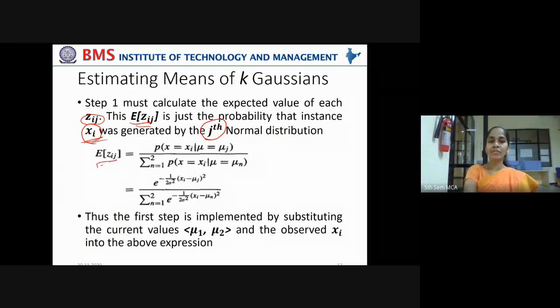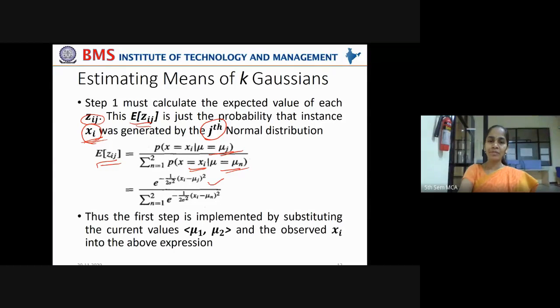Mathematically, it is the probability of x taking the value xi given mu equal to mu j, divided by the sum over all n of the probability of x equal to xi given mu equal to mu n.